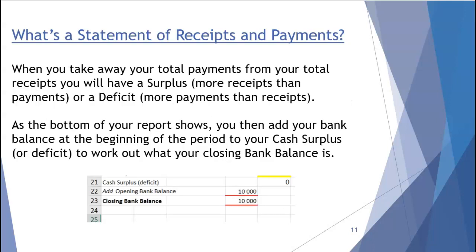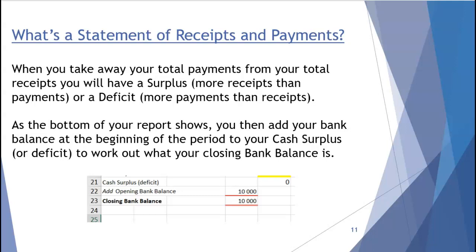When you take your total payments away from your total receipts, you'll end up with either a surplus, which means you've got more receipts than payments, or a deficit, where you've got more payments than receipts. The little snapshot I've got here is from the bottom of the cash receipts and cash payments journal.